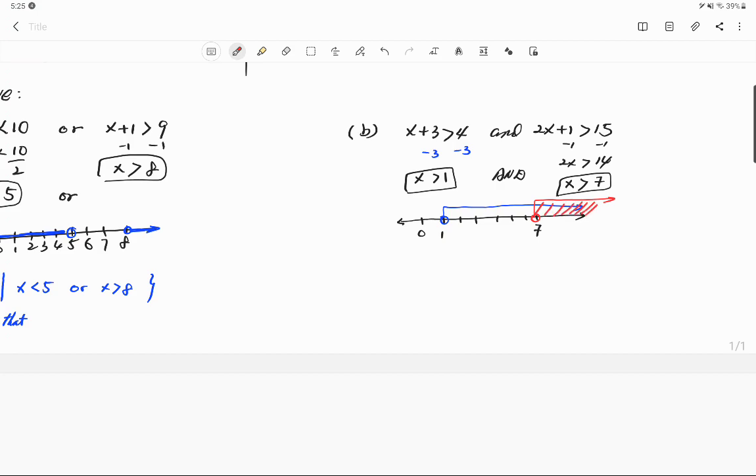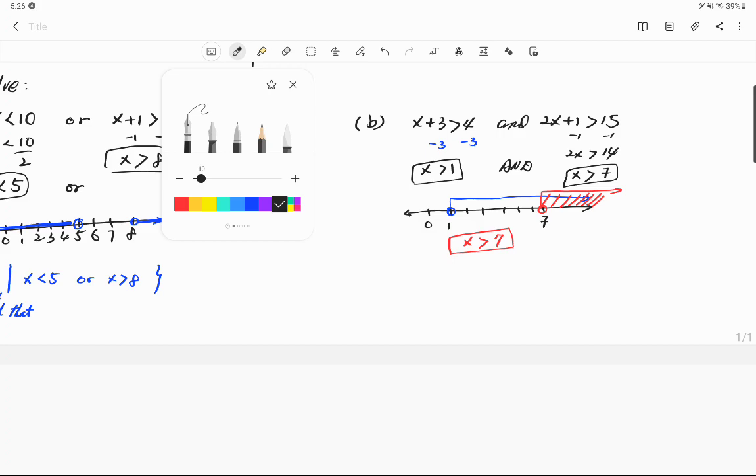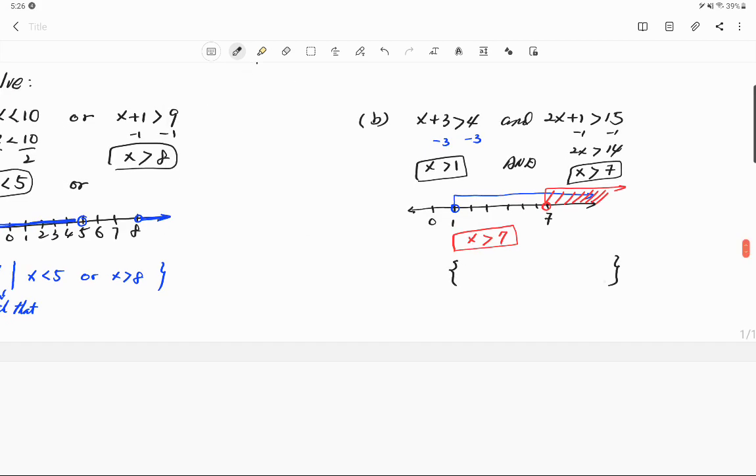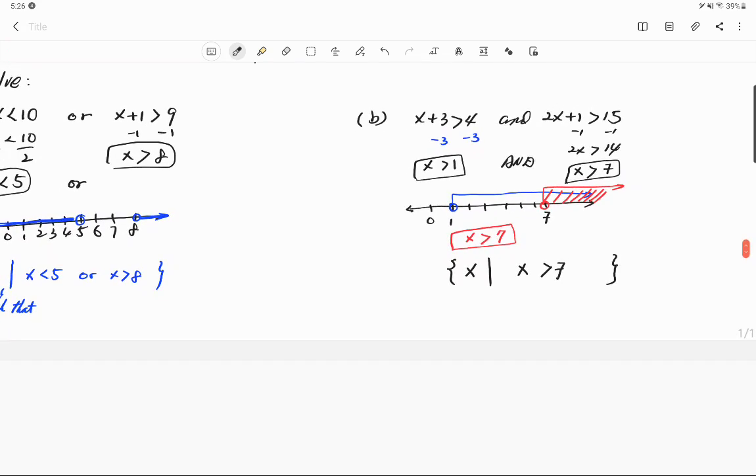And means find the common area, so the solution is x is greater than 7. We can also write it in set notation: the solution is all the values of x such that x is greater than 7.